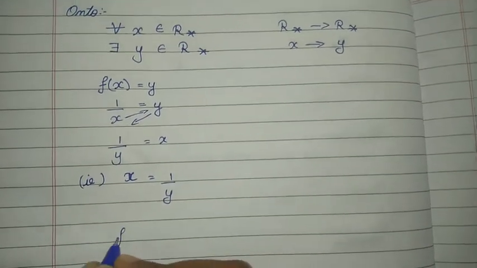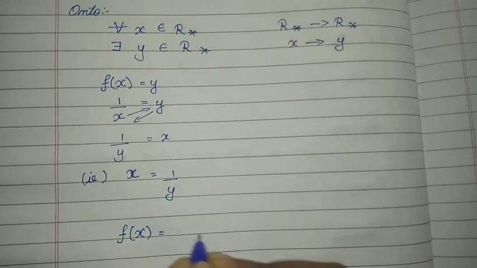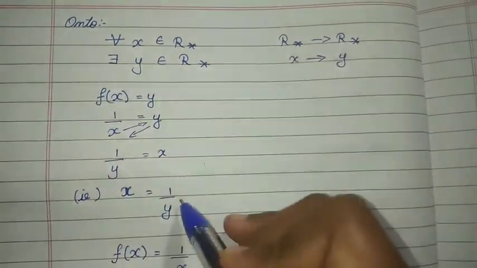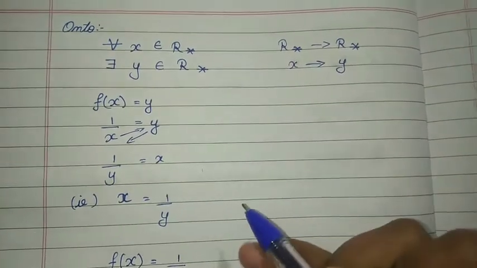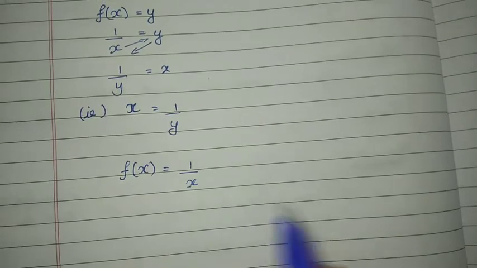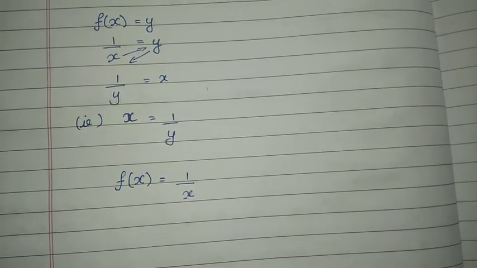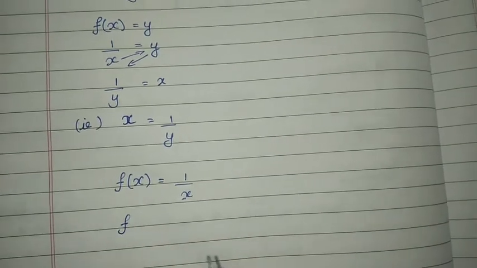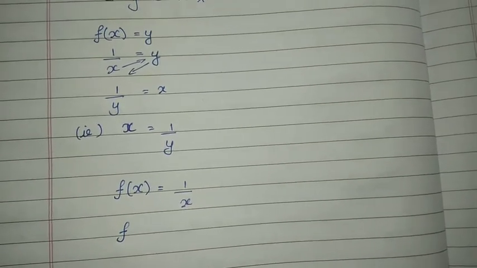Now I will check whether f of x is equal to y or not. What is f of x? 1 by x. Why did we do this part? Because we have to get x in terms of y. Why are we doing this part? To get the answer as f of x is equal to y. If we get f of x is equal to y, then it is onto.